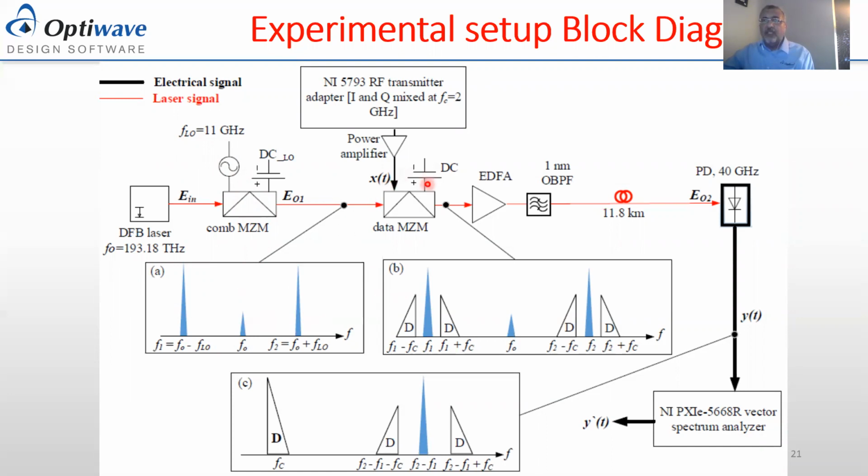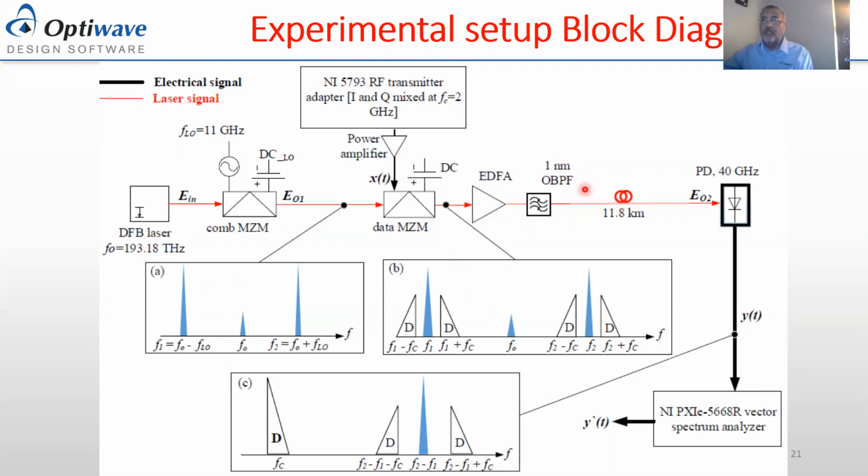And then after that, these tones are modulated, each one of them, as you can see here, with the data. The data signal is 20 megahertz and then up converted to 2 gigahertz. And then the optical signal here is going to be amplified using an EDFA and then transmitted over the fiber.